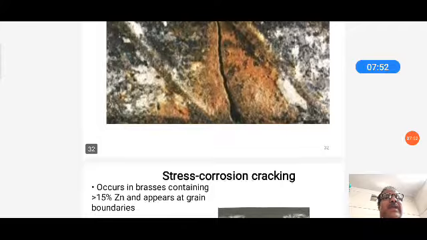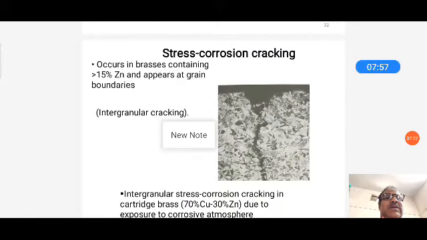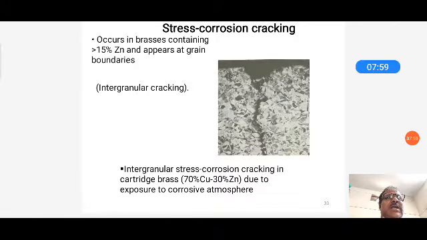cracking in brasses. Stress corrosion cracking occurs in brasses containing more than 50% zinc and appears at the grain boundaries. There is intergranular corrosion along the alpha plus beta structure. Here is intergranular stress corrosion cracking in a cartridge brass, that is 70% copper and 30% zinc, due to exposure to a corrosive atmosphere.